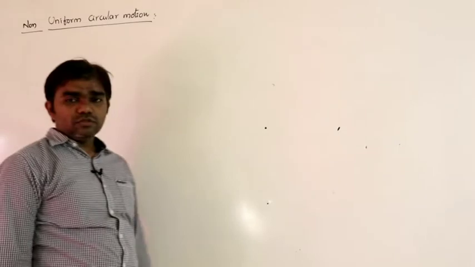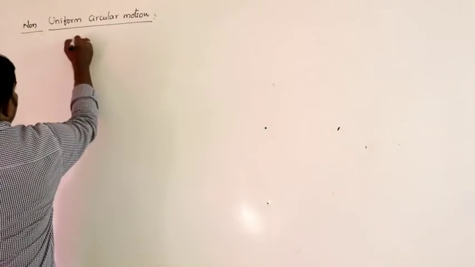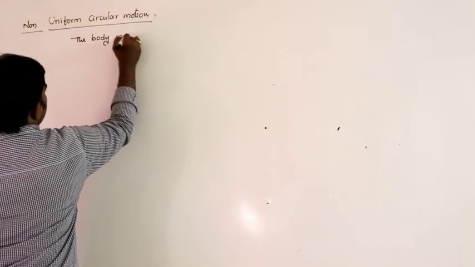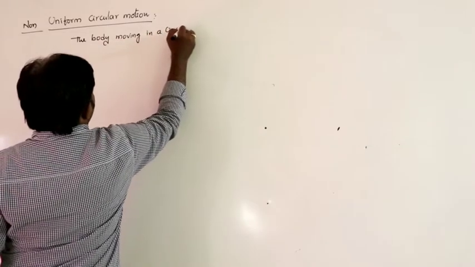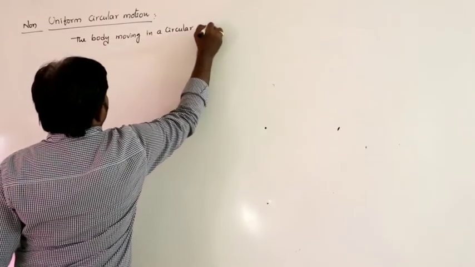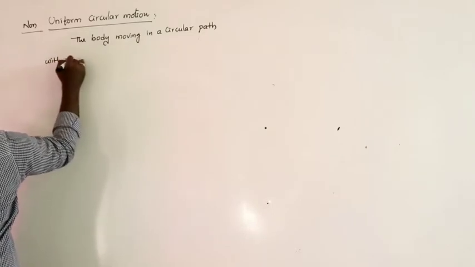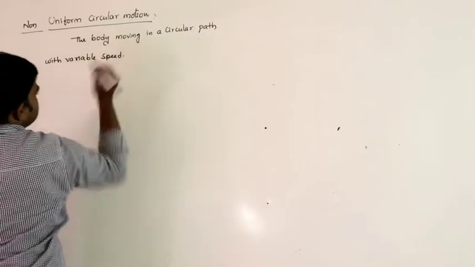Non-uniform circular motion means the body is moving in a circular path with variable speed.